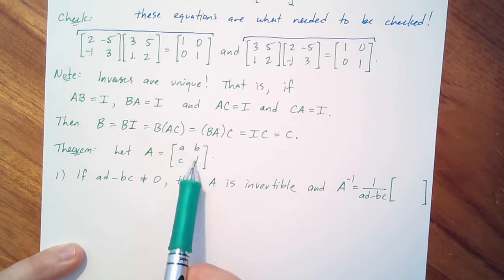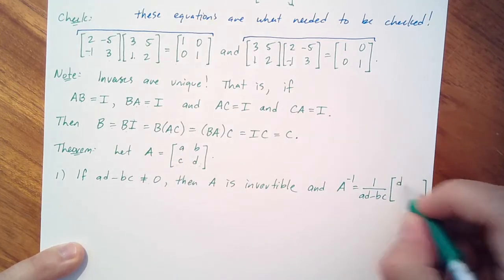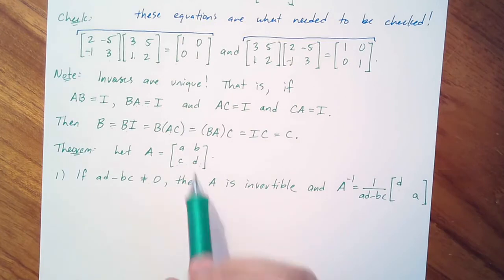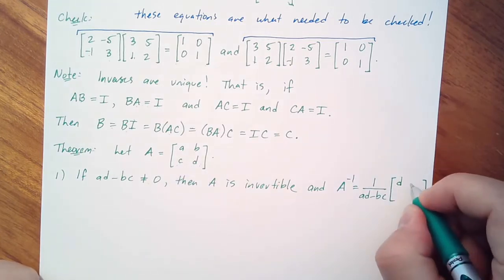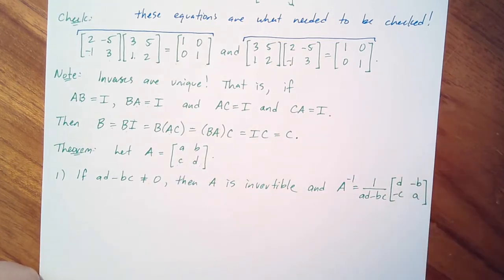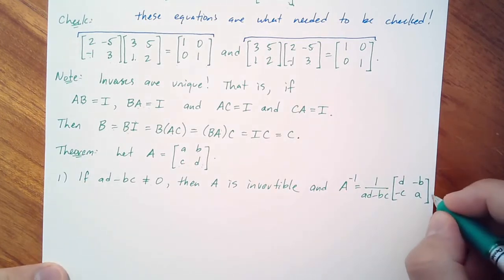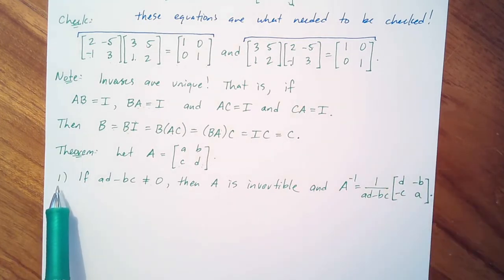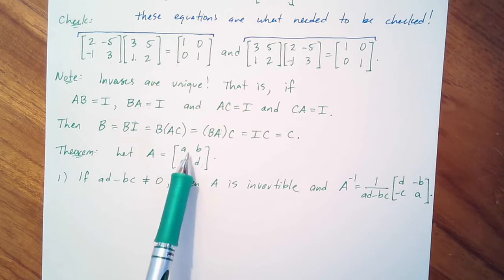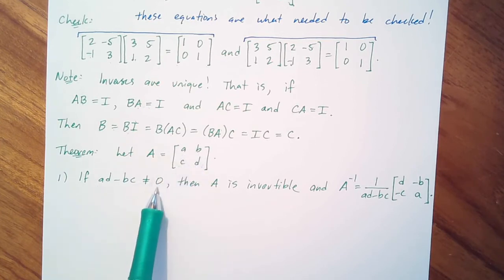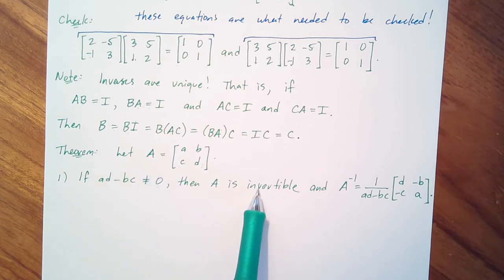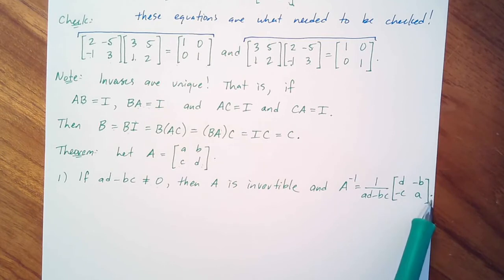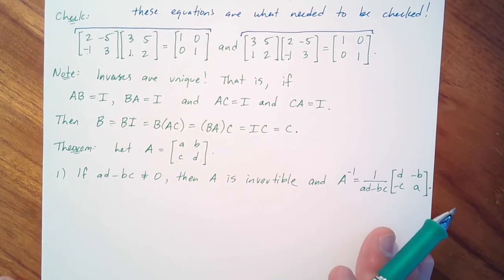First, just switch the A and the D, have them trade places. And then for the B and the C, just introduce negative signs. That's the representation for A inverse. So if you form the product of A and D and subtract the product of B and C, and you get something that's not 0, then the matrix A is invertible, and here's the formula for its inverse. It's quite powerful. It tells you the whole story.